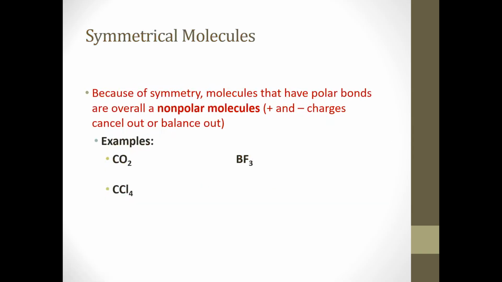So because of the combination of the symmetry of the molecules and whether or not the bonds are polar, we can tell whether the molecule itself is going to be polar or not. For instance, carbon dioxide has 2 very polar bonds.